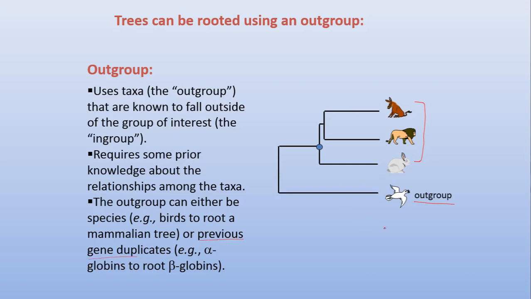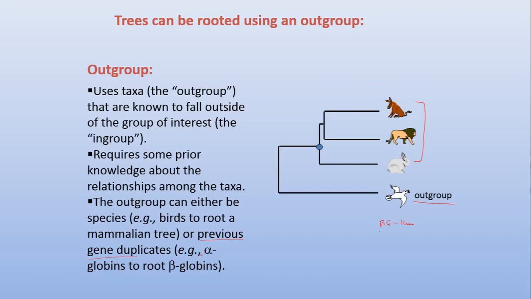If we are trying to build a phylogenetic tree that involves beta globin from different species, that is beta globin from human, beta globin from some rodents, beta globin from marsupials, then you can use some alpha globin to root those beta globins.